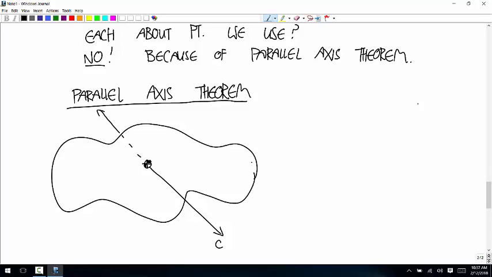And then you have a parallel axis that goes through this point A. So these have to be parallel.